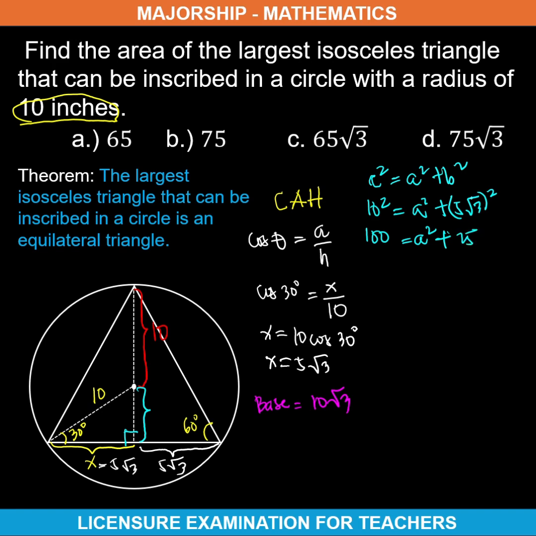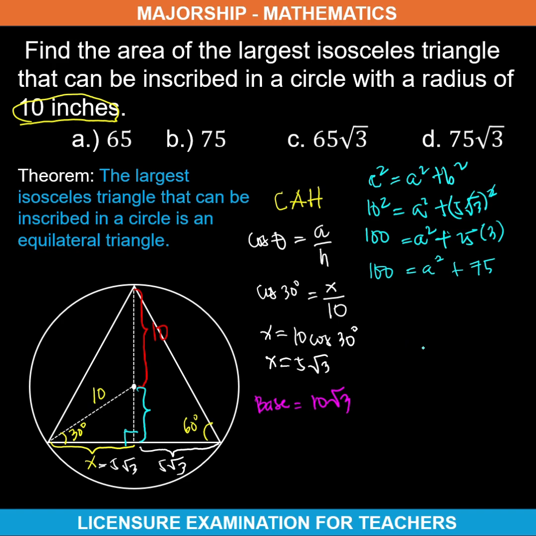And then, square root of 3 squared, makakancel itong square root and yung exponent na 2. So, we have 25 times 3. Okay, simplify. We have 100 equals A squared plus 25 times 3 is 75.